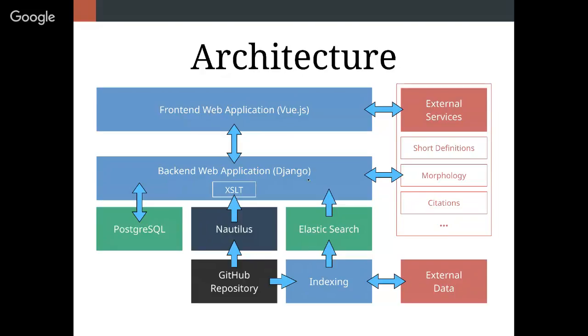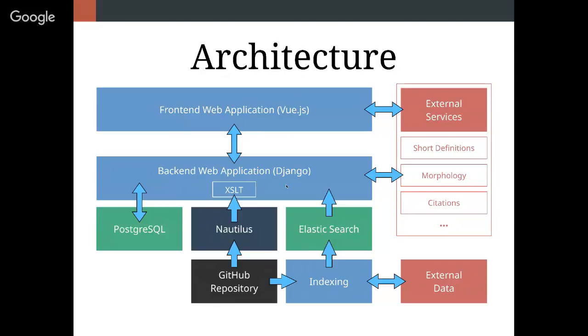And then ultimately, that all gets consumed by the back-end web application, which is written in Django, a popular web framework in the Python programming language. So the back-end web application is written in Python using the Django web framework and also pieces of a project that I started many years ago called Pinax.